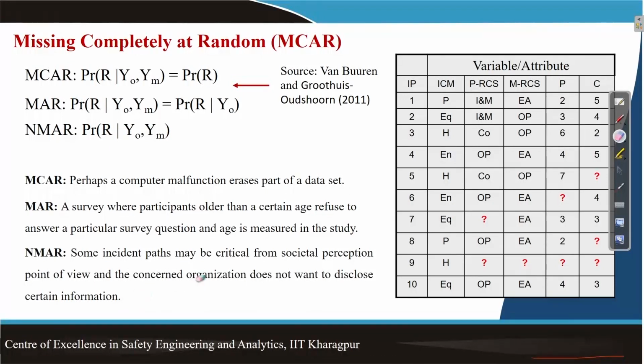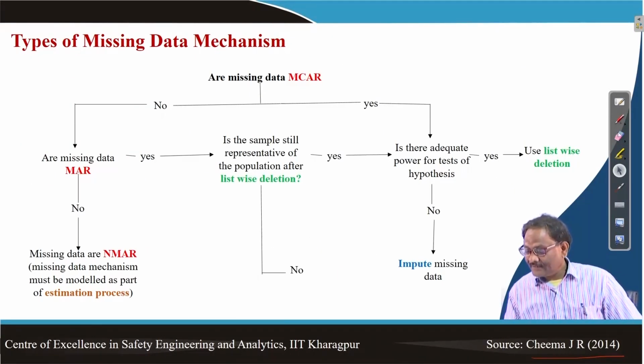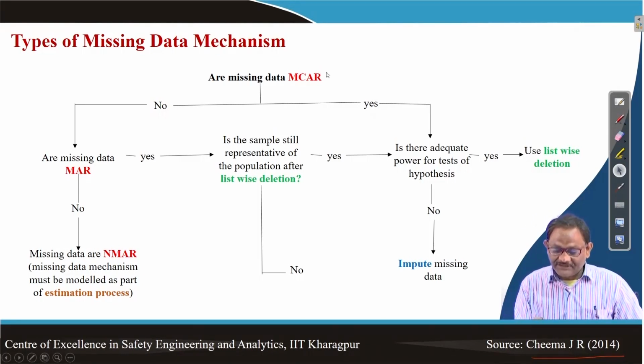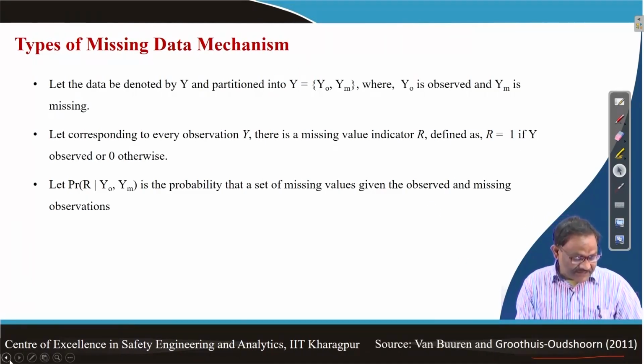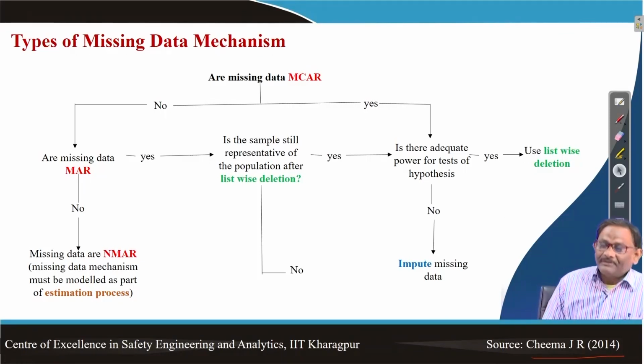Now with this I want to go back to the previous slide again, and I want to say that now you understand what is MCAR, what is MAR, and what is NMAR.